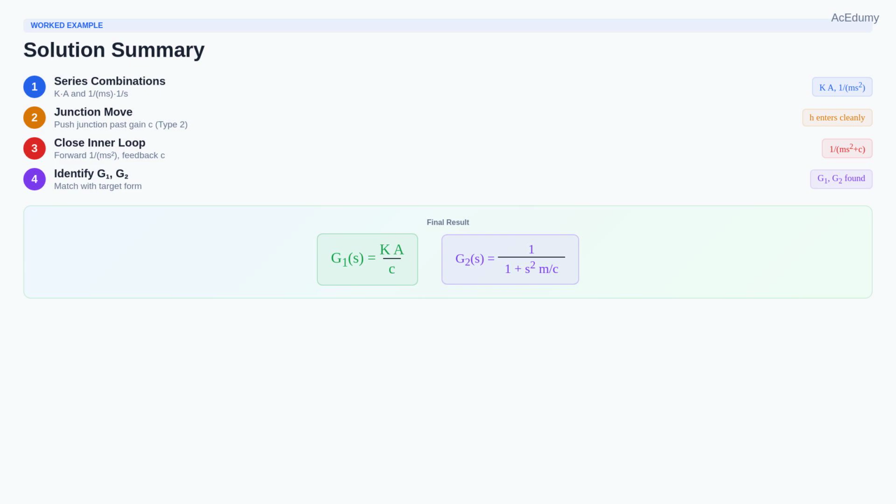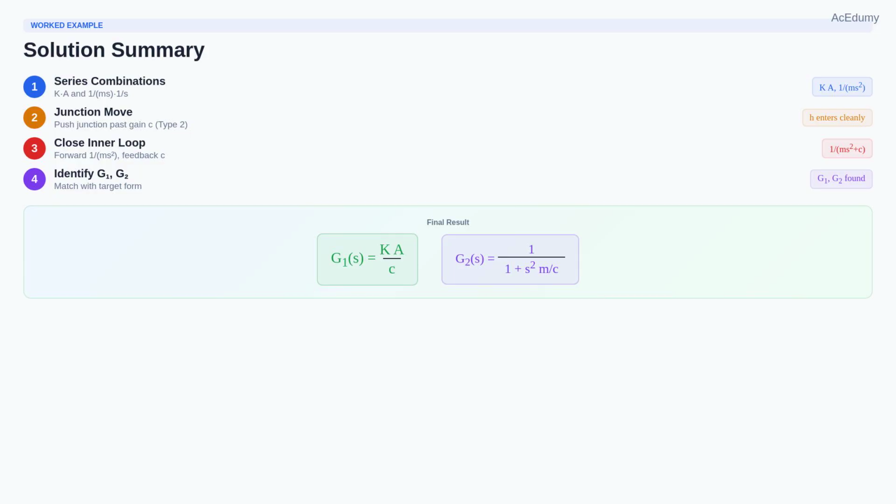Let us recap. We started with the active suspension block diagram from the physics modeling. It had constant gains K and A, the spring force computed from H minus X times C, mass division by M, and 2 integrators. In 4 steps, we reached the simplified form. Step 1.